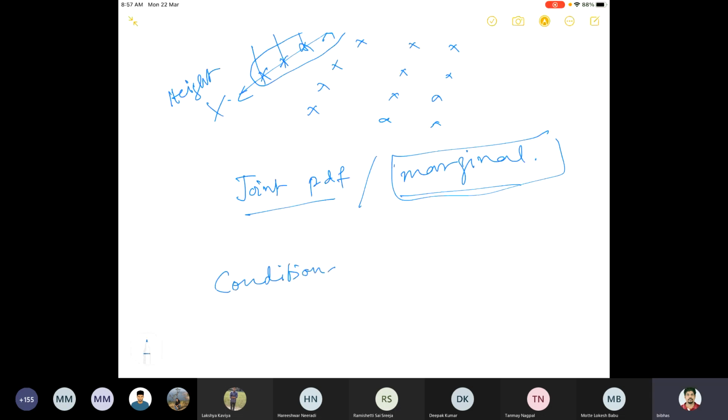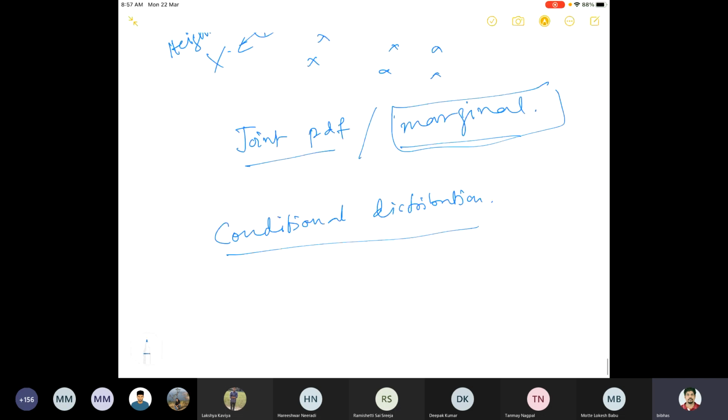In fact, you will see conditional distribution in real data analysis. When you are analyzing real data, there will be multiple random variables, X, Y, Z, or you can write X1, X2, X3, X4, X5.